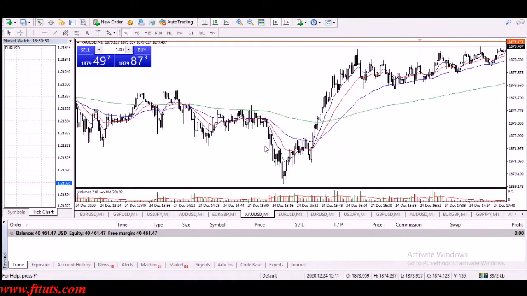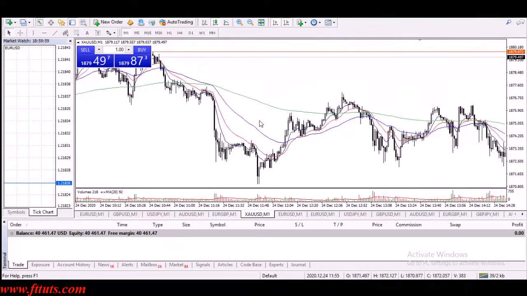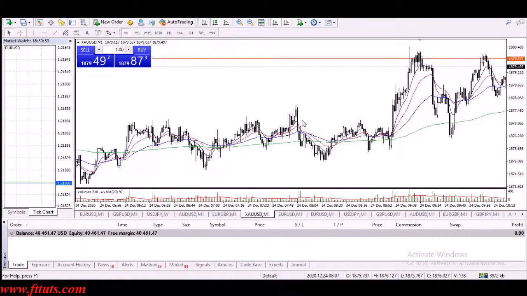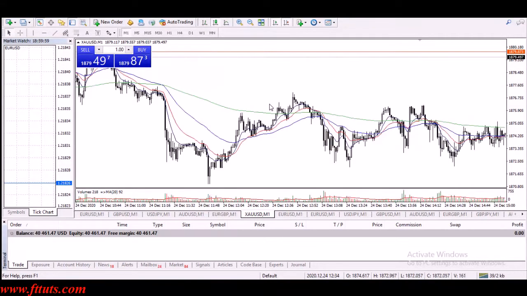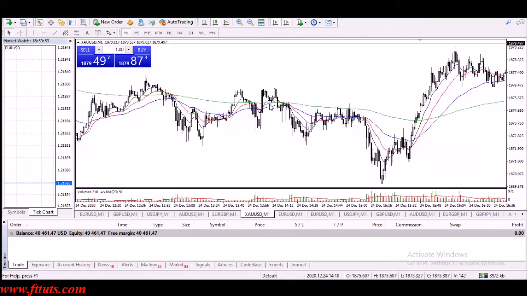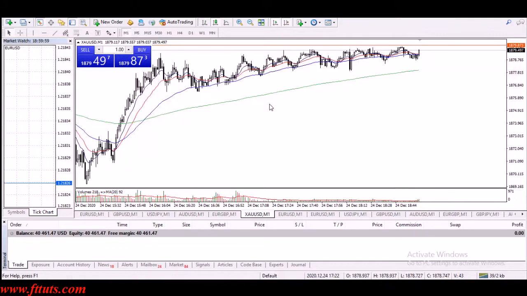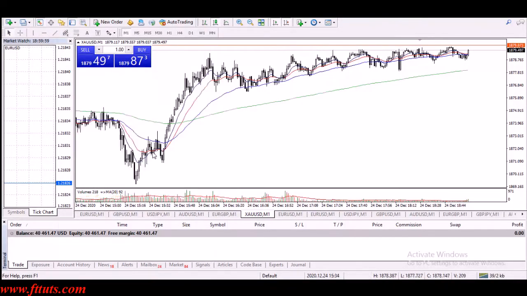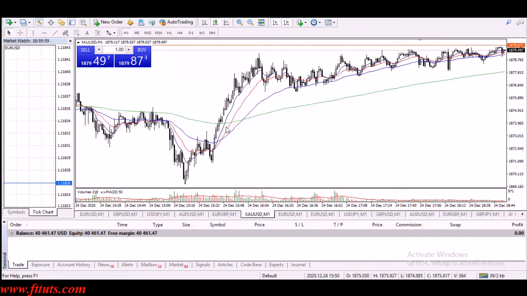Also on XEU USD you can trade the same, and on XEU dollar you have bigger spreads in any account, but when this market trends, it makes very big trends, and you will be making lots of money trading XEU dollar, especially when you ride big trends. This one is a great trend, also a great uptrend. Okay, it started from there. Take a look how the trend is formed.